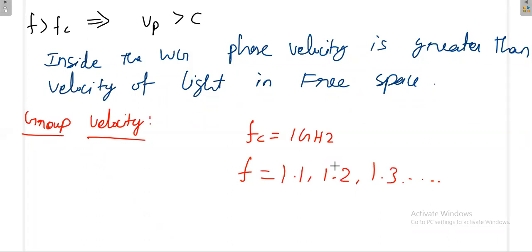The speed at which this group of frequencies travels from transmitter to the receiver end is called the group velocity. Group velocity is related with the group of frequencies.